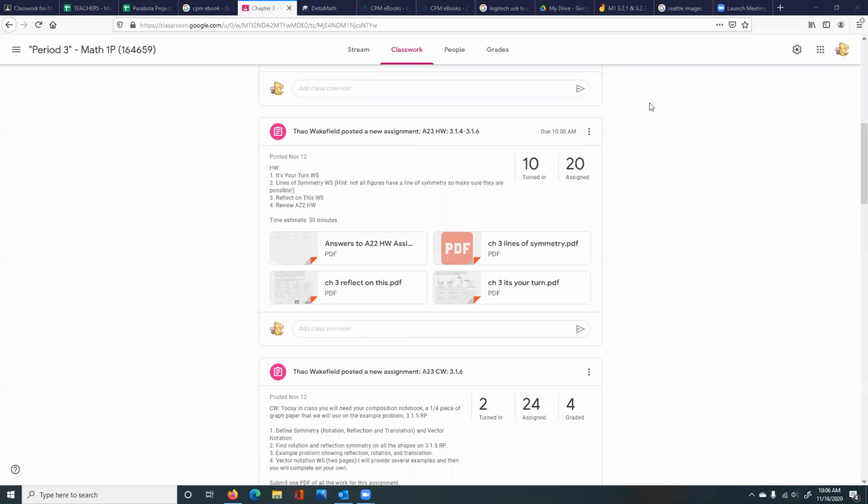And start recording. So the last few class periods, we learned that if two lines are parallel, going in the same direction, what do we know about their slopes?